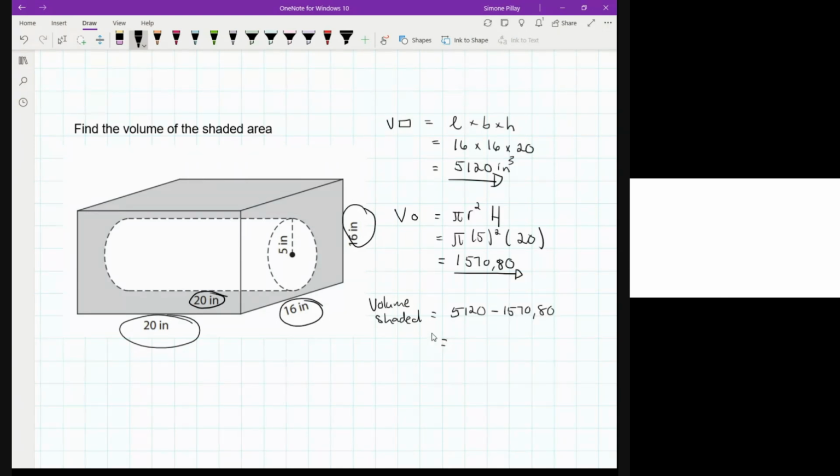Tell me, what are we getting there to end off our lesson? Minus 1,570.8. I've got my answer. Itandile, did you have the answer? Yes, ma'am. It's 3,549.2. Thank you. And that's going to be inches, not cubes. There we go.